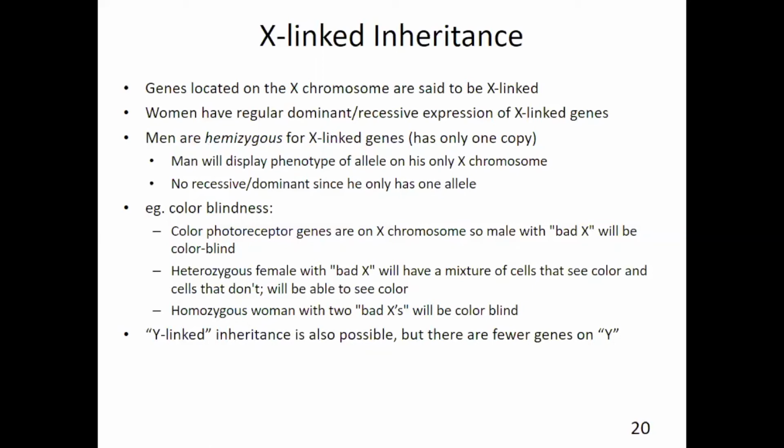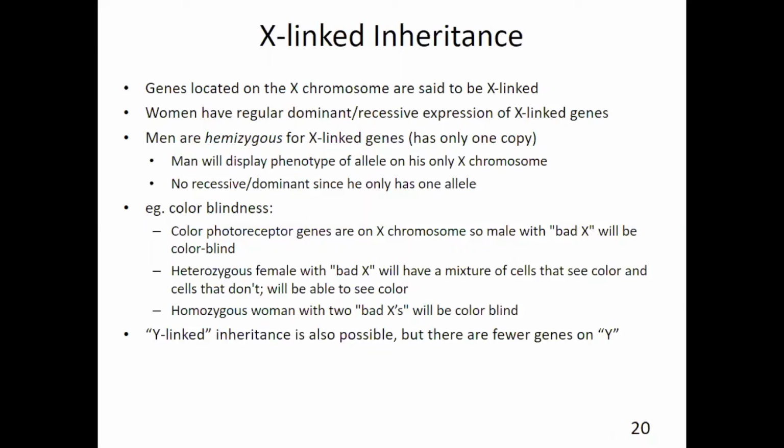We see this in color blindness, which is governed by a gene on the X chromosome. So a woman could have three possible genotypes. A woman can be homozygous dominant and have normal color vision.